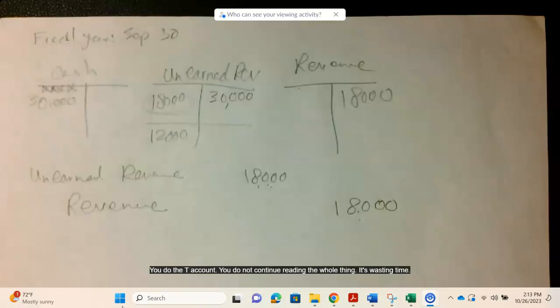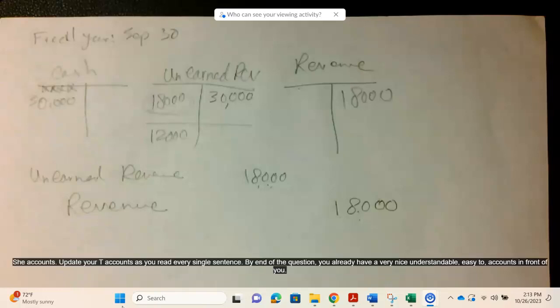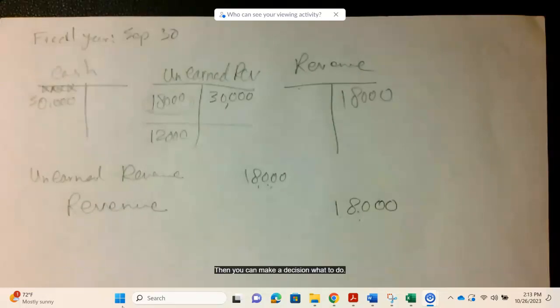It's wasting time. You read one sentence, you translate it into accounting. You read one more sentence, you translate it into accounting, T accounts. Update your T accounts as you read every single sentence. By the end of the question, you already have very nice, understandable, easy T accounts in front of you. Then you can make a decision what to do.